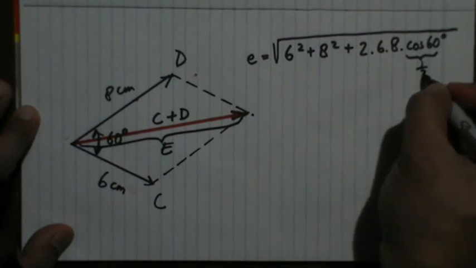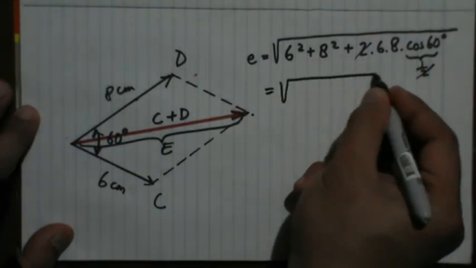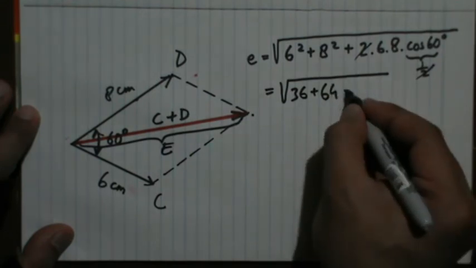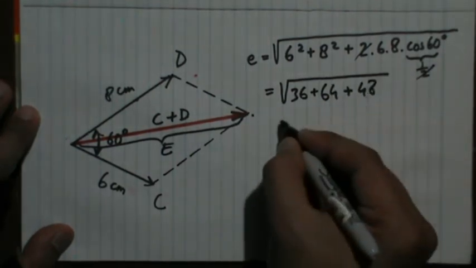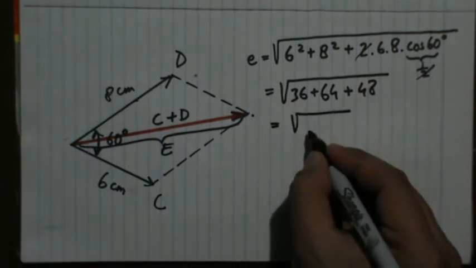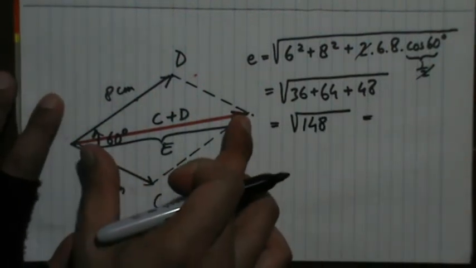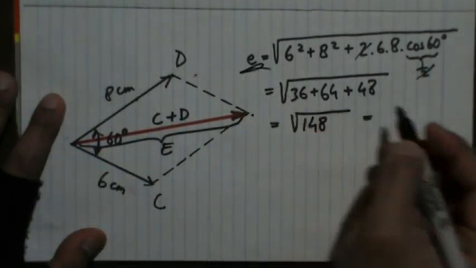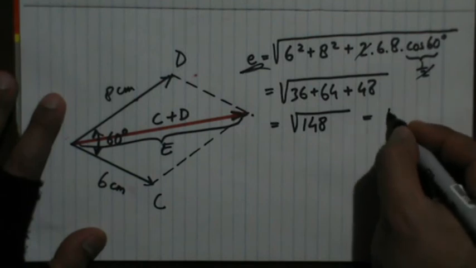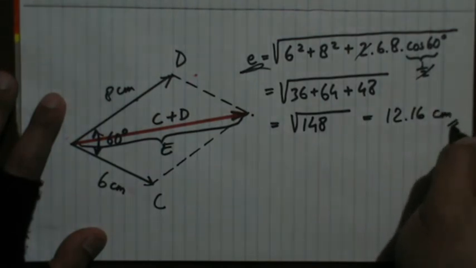Cosine 60 is 1/2, so this cancels out, and we end up with 36 plus 64 plus 48, so we get the square root of 148. So the magnitude of vector E, or small e, is the square root of 148, or around 12.16 centimeter.